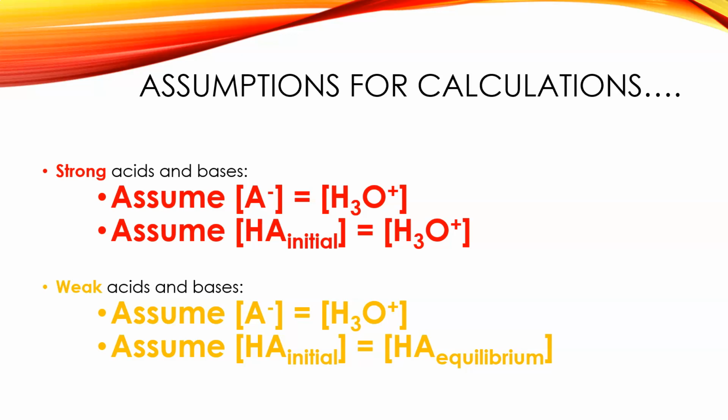With weak acids and bases, however, the assumption that we make is still that the conjugate base is going to equal the concentration of the H3O+, because we're only ever dealing with single ionization steps. And then the initial concentration of the acid is going to equal the equilibrium concentration of the acid, so we will use that in our equilibrium expression because the ionization is so small.